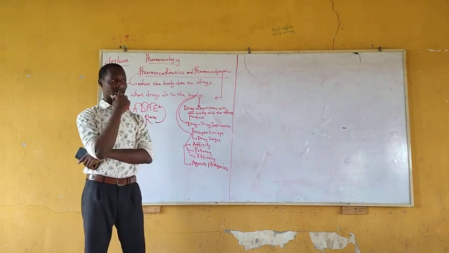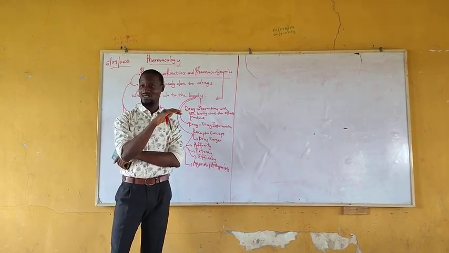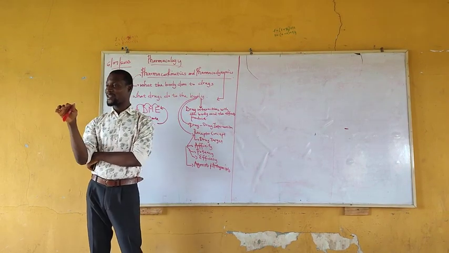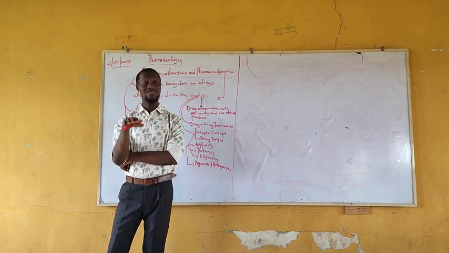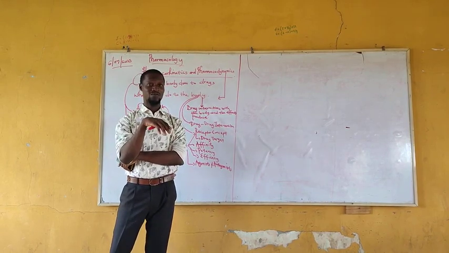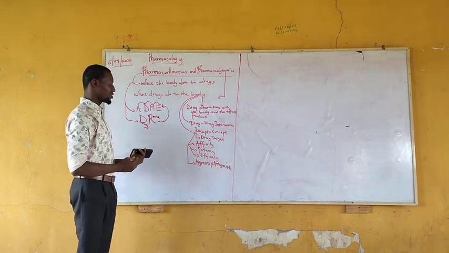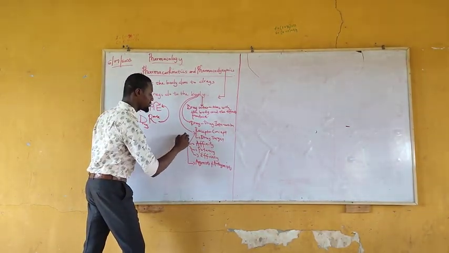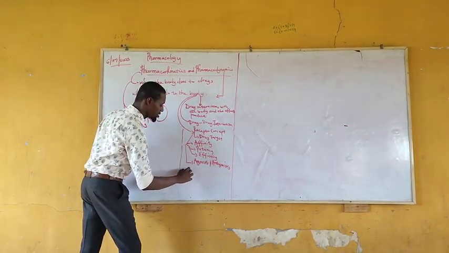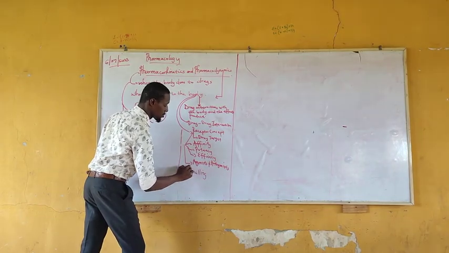So, in between the process of using the drugs and then producing an effect, there are things that happen in the body at the cellular level, that we will talk about under signaling.